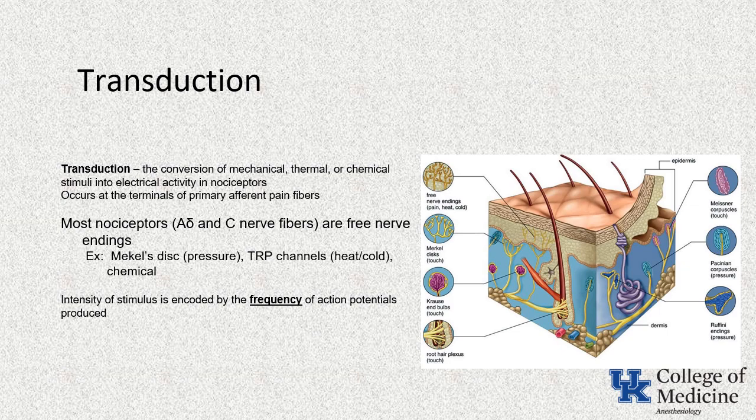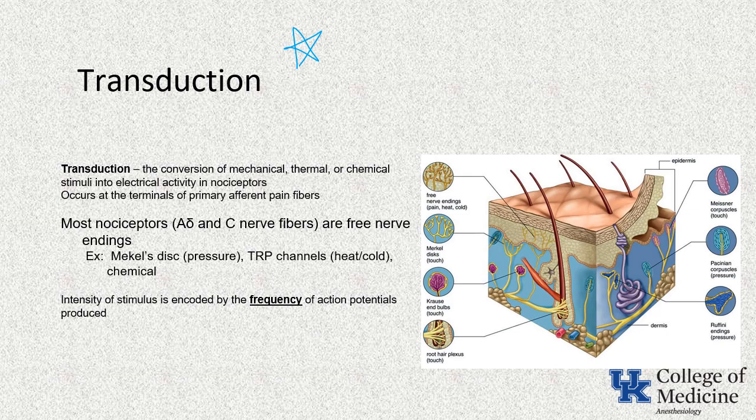In discussion about the basic physiology of pain and pain pathways, everything starts with a stimulus. We'll say the star is a stimulus. Stimulus can be mechanical, thermal, or chemical. And through a process of transduction, the nociceptors, also known as pain receptors, turn the stimulus into electrical activity.